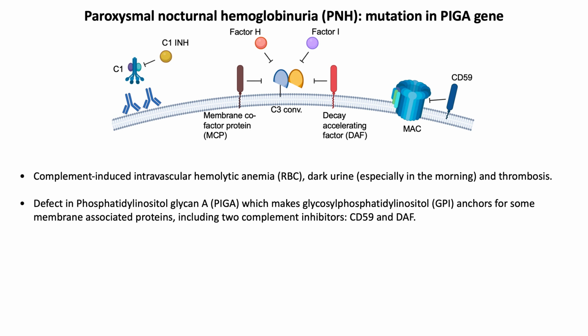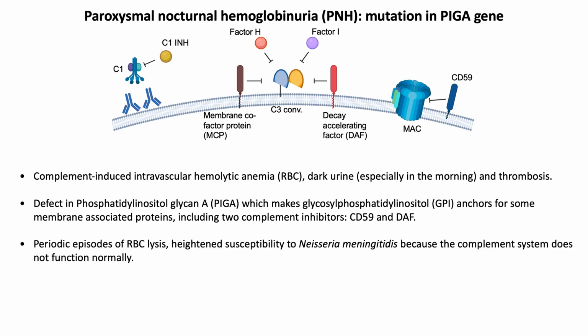This is an enzyme that induces the formation of GPI anchors for some membrane-associated proteins, including 2 complement inhibitors, CD59 and DAF. And in the absence of these inhibitors, individuals are susceptible to periodic episodes of complement overactivity, resulting in red blood cell lysis and heightened susceptibility to Neisseria because the complement system doesn't function normally. This is actually a rare example of an acquired mutation, not an inherited mutation.